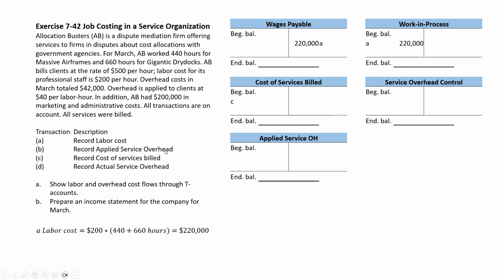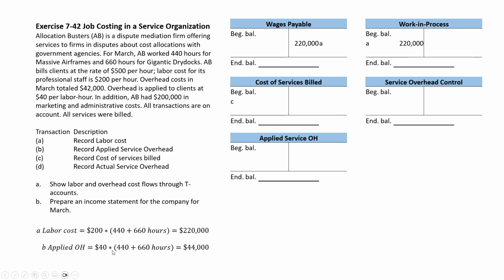Now, the only other component of cost is going to be overhead, and I need to apply my overhead. So again, I need to look for direction of what my predetermined overhead rate is going to be. They're going to apply overhead up here at $40 per direct labor hour. Already in A, I know the number of direct labor hours was 440 plus 660 or 1,100.